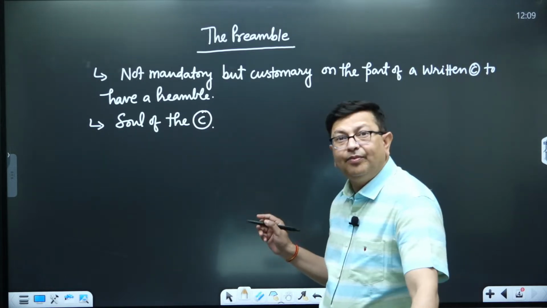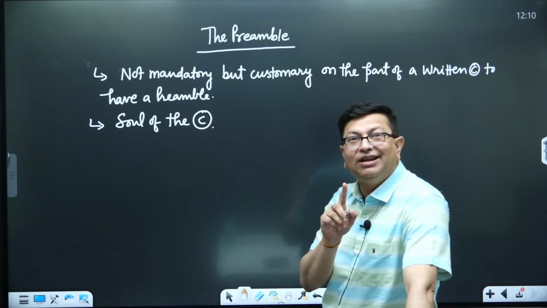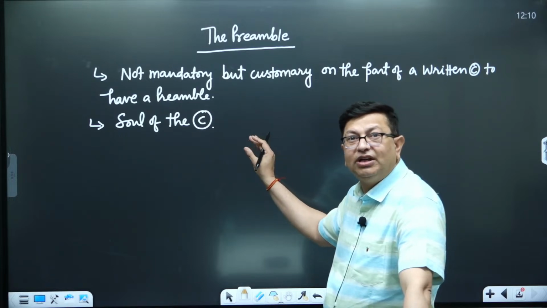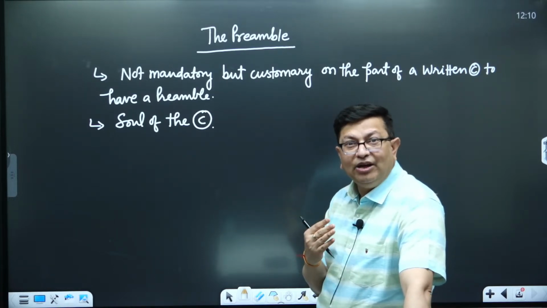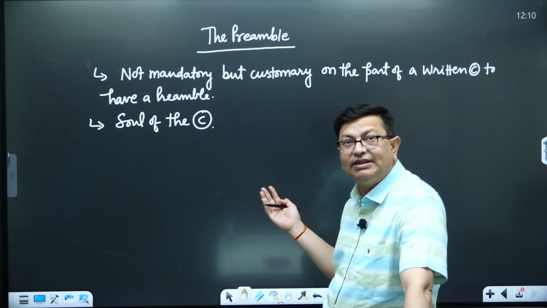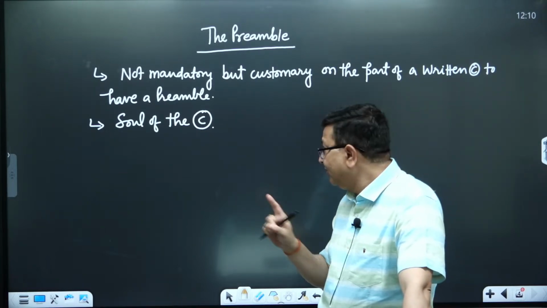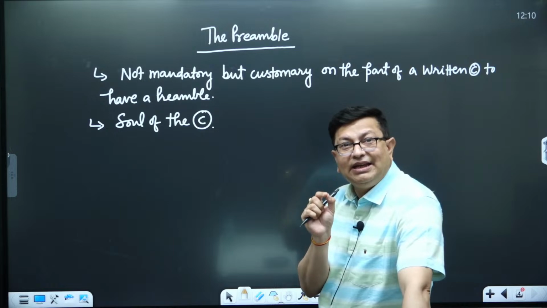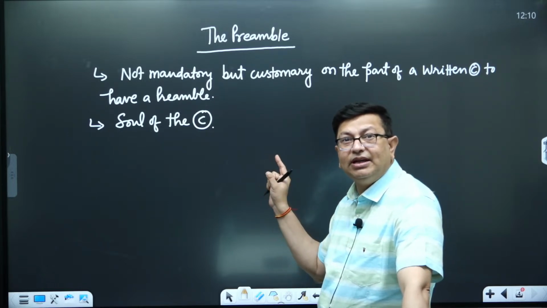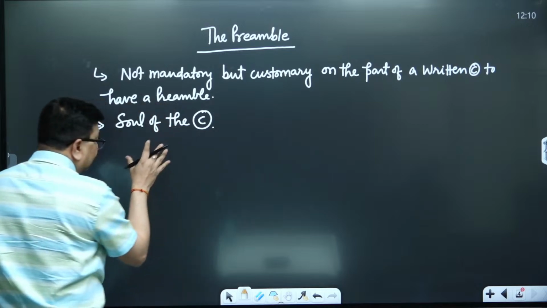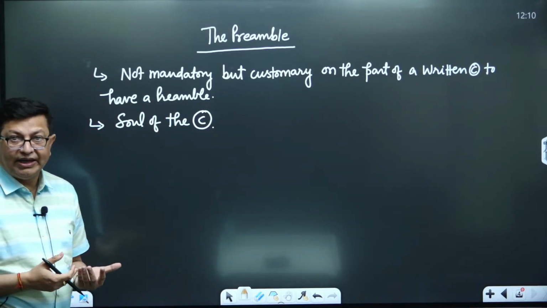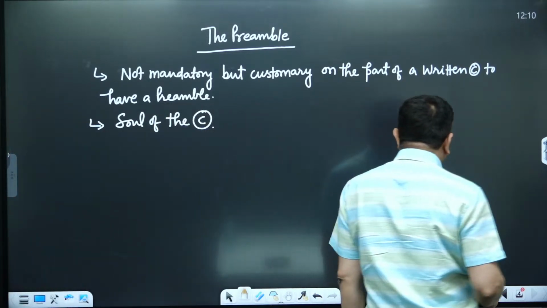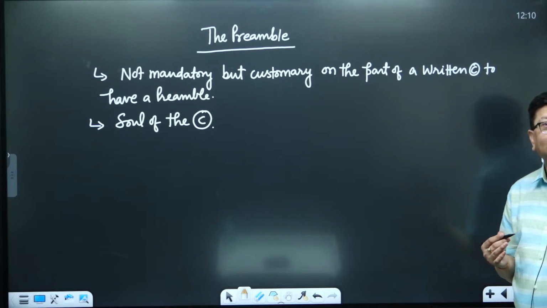But in the examination we are supposed to encircle the preamble, because the preamble is the soul of the constitution. That is the interpretation of the court also. And the UPSC, in one of the earlier examinations, in the PYQs this question was there, and the Supreme Court had held that the soul of the constitution is the preamble, and the UPSC had in its key also held that this will be the correct answer. It contains the philosophy, it contains the summary of the constitution. Preamble is a topic from where a good number of questions are asked in the examination.